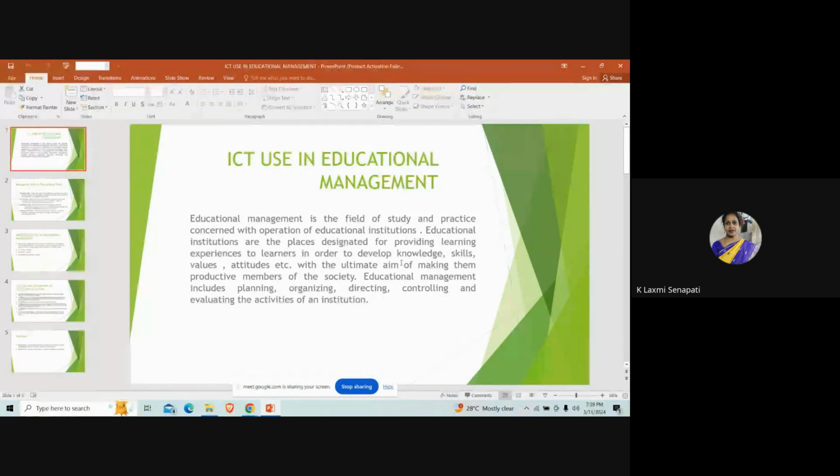Educational institutions are places designed for providing learning experiences to learners in order to develop knowledge, skills, values, attitudes, etc., with the ultimate aim of making them productive members of society. Educational management includes planning, organizing, directing, controlling, and evaluating the activities of an institution.